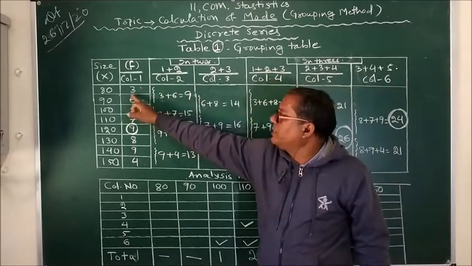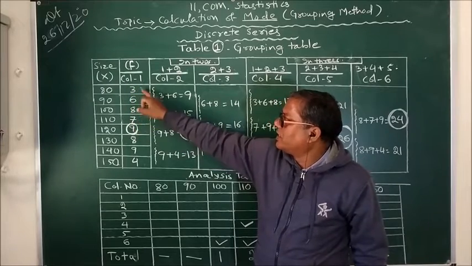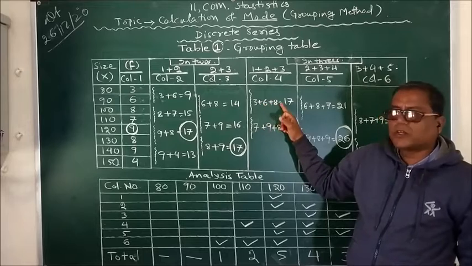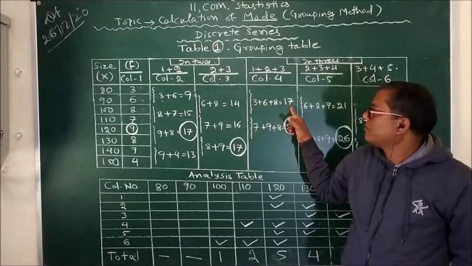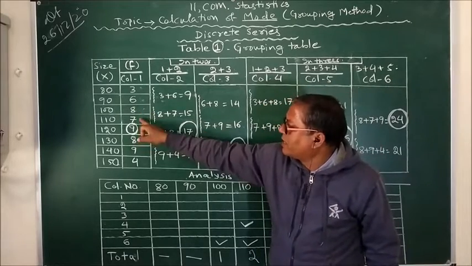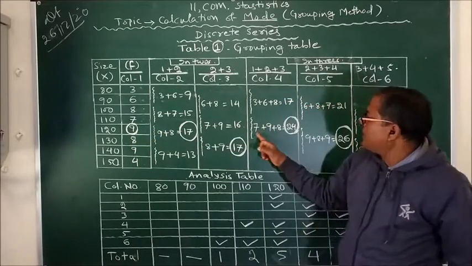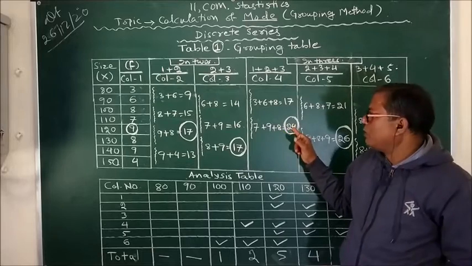So now see the first one of 3 groups in 3, 1 plus 2 plus 3. Look at the frequencies, 1, 2, 3, that is 3 plus 6 plus 8, and the first group is 3 plus 6 plus 8, and the sum is 17. So after 8 what comes? Again we will continue the same process, 7 plus 9 plus 8, and the sum is 24.